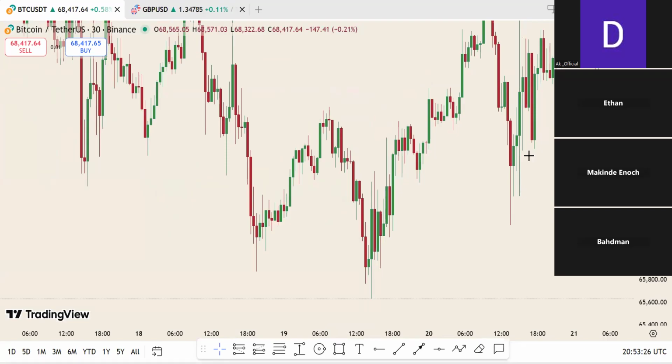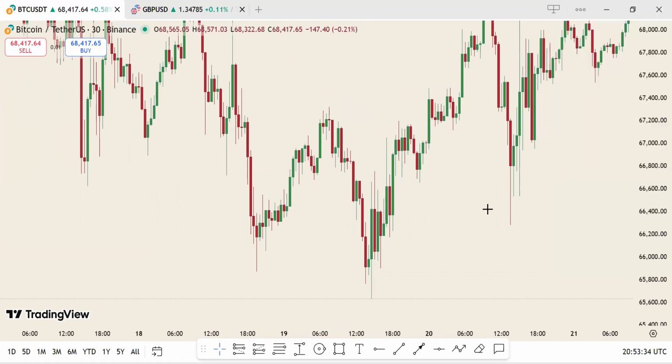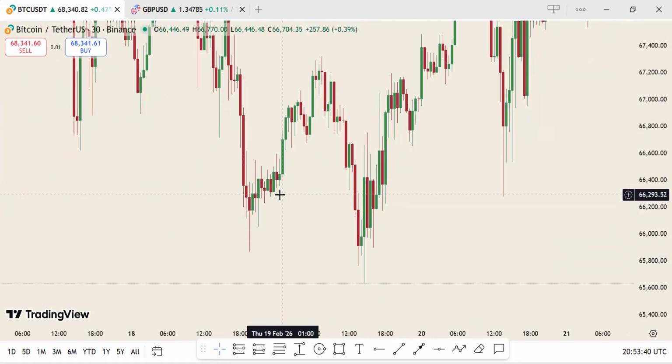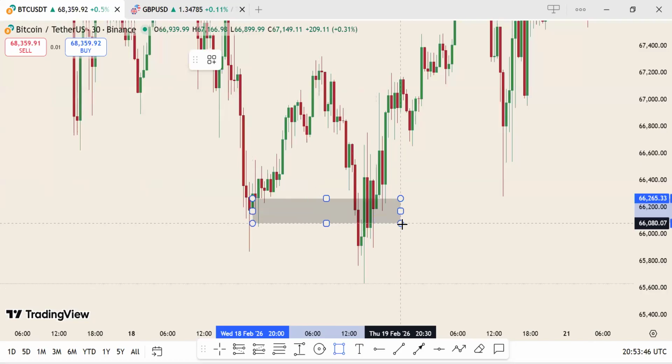So look at this. This is another style of choosing QMRs. Sometimes I just select the last two candle wicks.